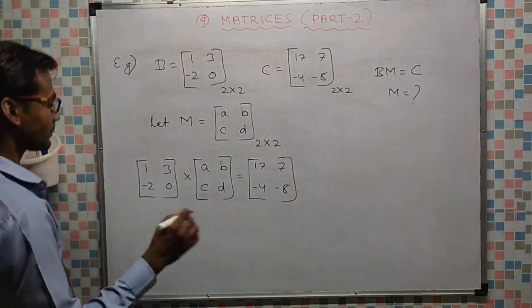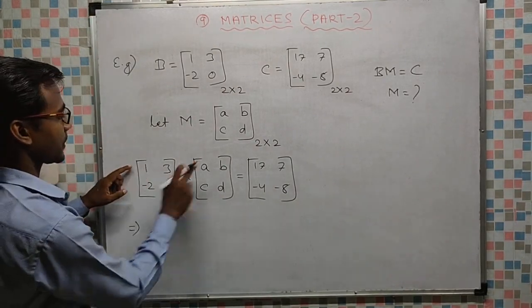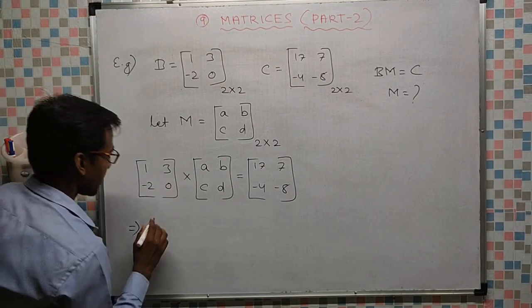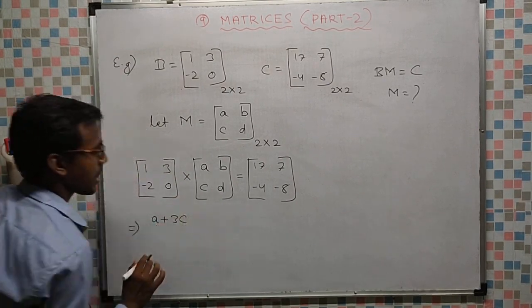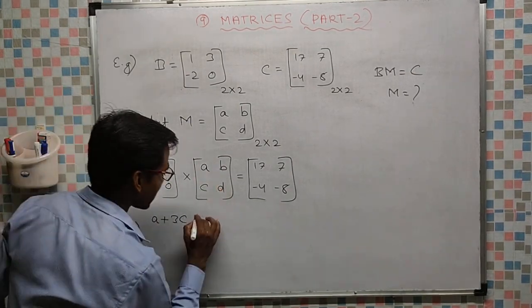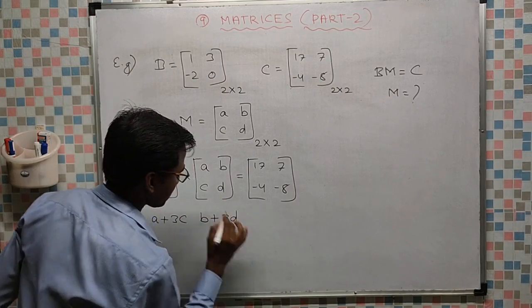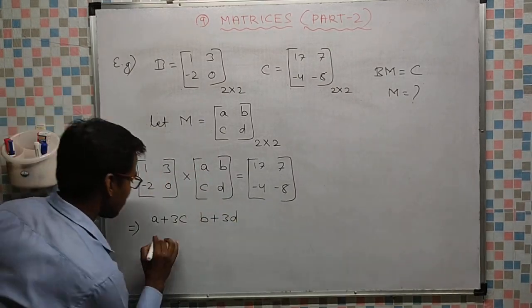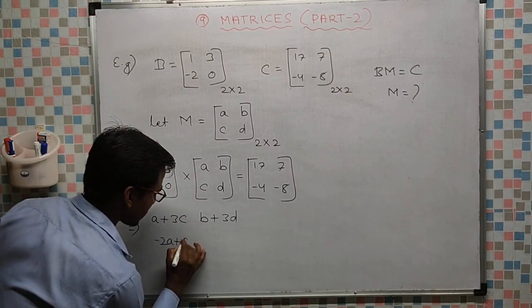You know how to multiply? First row, first column. 1 into a is a, 3 into c is 3c. a plus 3c, first element. And second element, 1 into b is b, plus 3 into d is 3d. Minus 2 into a is minus 2a, plus 0 into c is 0.